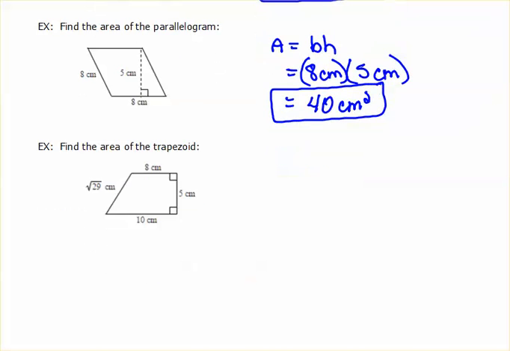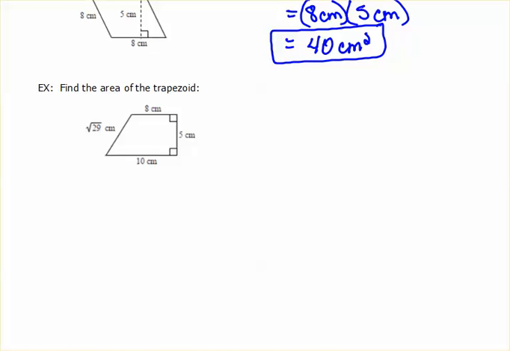Now here's the one that we didn't have on our formula sheet, but I'm going to go ahead and give it to you so that you'll have it. This is a trapezoid, and we're asked to find the area of the trapezoid. Well, the formula is area equals 1/2 times little base plus big base times the height. And whenever we say little base and big base, those are the parallel sides of the trapezoid.